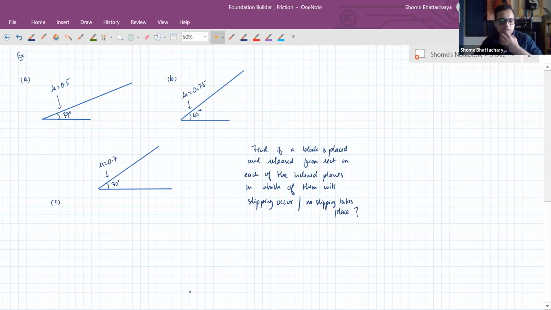So just try out this question, people. In each of the cases, the angle is given to you and the coefficient of friction is given to you. So you just have to use that limiting value that we discussed in the last one. So you can almost do this orally. Just let me know in the answer key in which of them slipping is occurring.